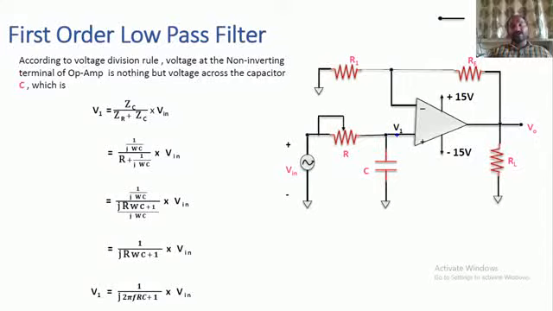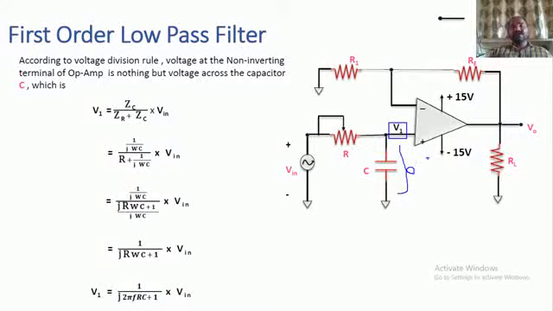I am assuming the voltage at the non-inverting terminal of the op amp as V1. Now this V1 voltage is nothing but the voltage drop across the capacitor C.